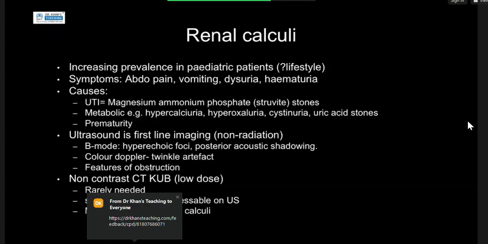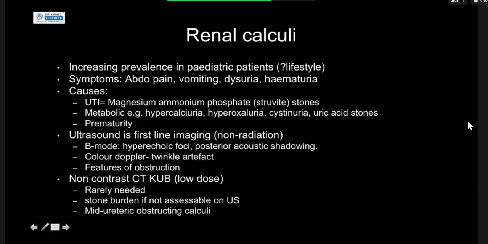There's also a high incidence of renal calculi in premature neonates than term neonates, and they think that's due to immaturity of the kidneys and immature function, or the medications that they're being given, leading to increased renal calculi.